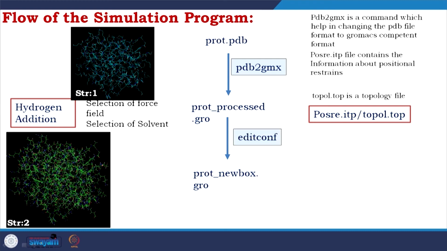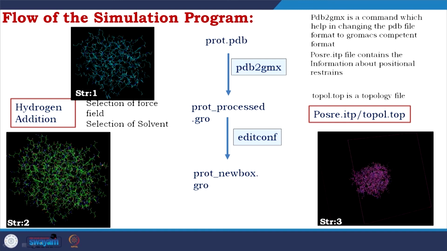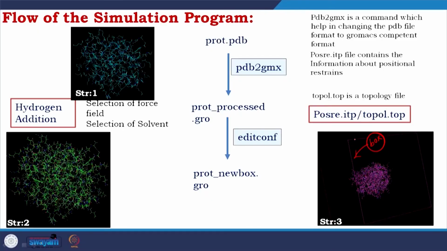Now, you come to the next one, prot_newbox.gro, with the command editconf. Editconf takes care of the conformation, where it helps you to develop, if you look at structure 3, a box. It creates a box in such a way that, if you consider a sphere around your protein, you will see an equidistant maintenance of the box. So, in the box the protein is kept in a centralized position.